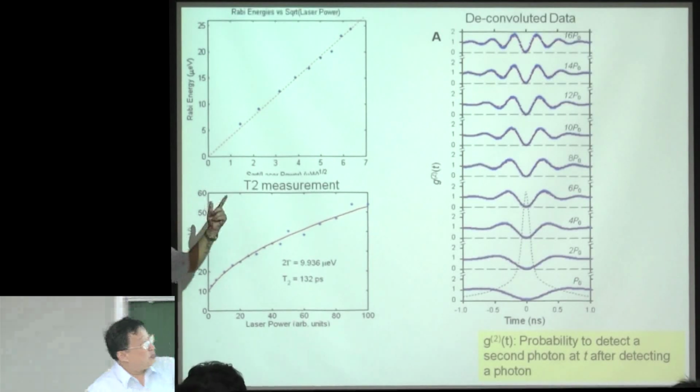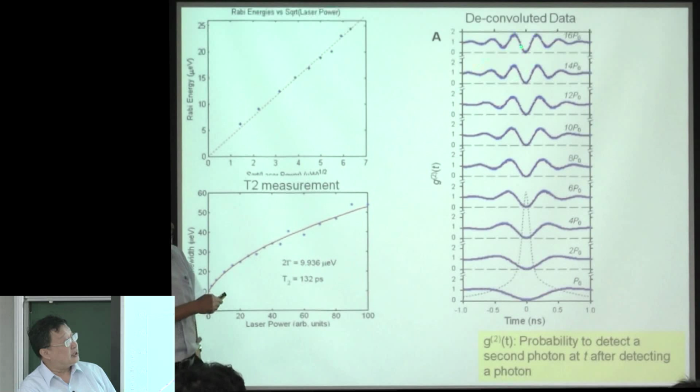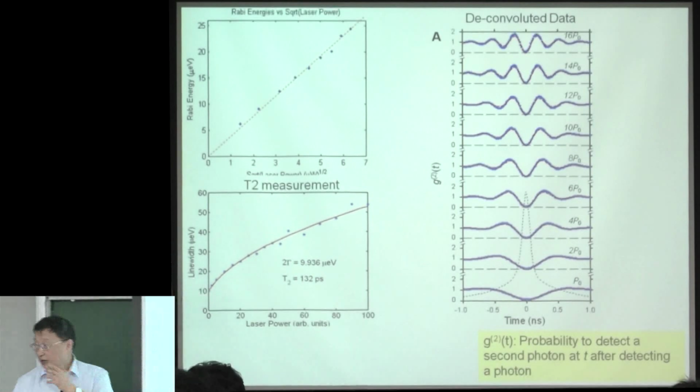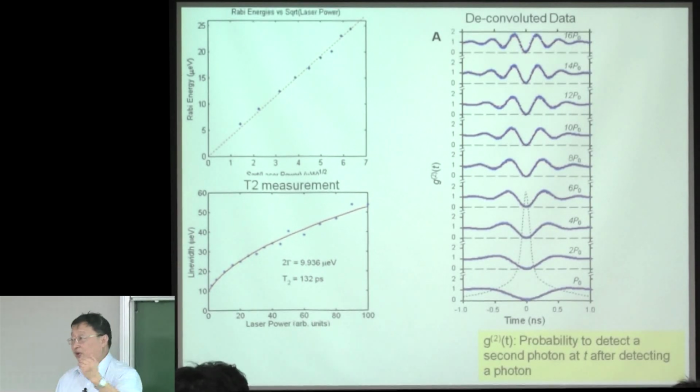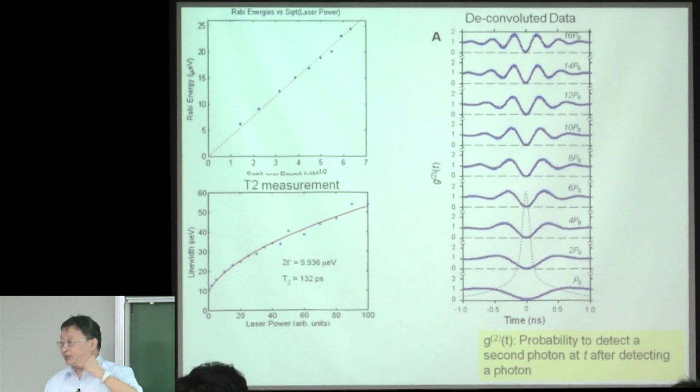The probability of detecting the photon emitted after you initialize this qubit, its time evolution, follows precisely the time evolution of your matter qubit. This is why at this point we prove this photon carries this quantum information from the matter qubit. We're going to send it to the other qubit.